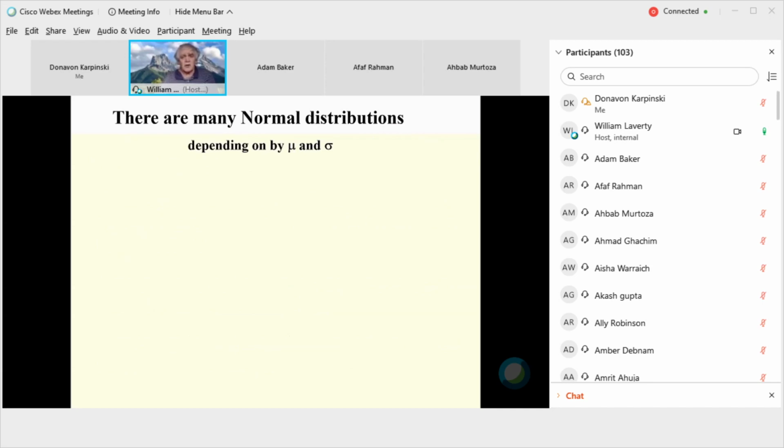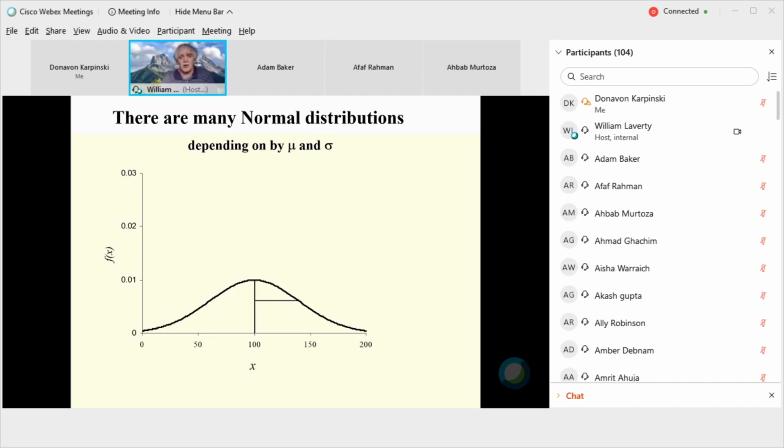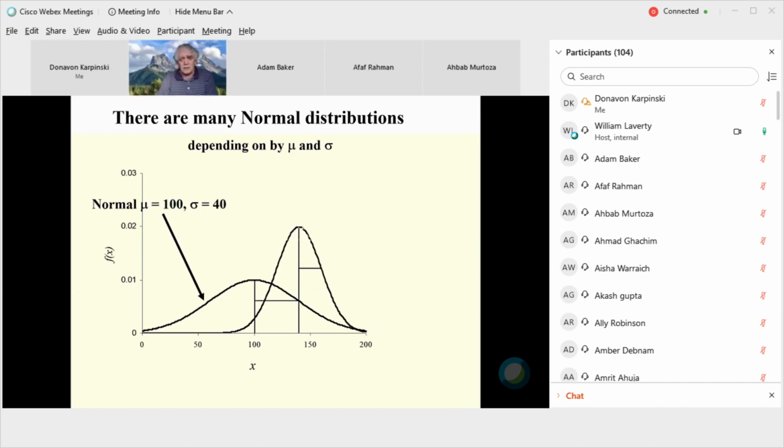So there are many normal distributions, differing in mean and standard deviation. There's the normal distribution whose mean is 100 and standard deviation is 40. Here's another one with a different mean, 140.